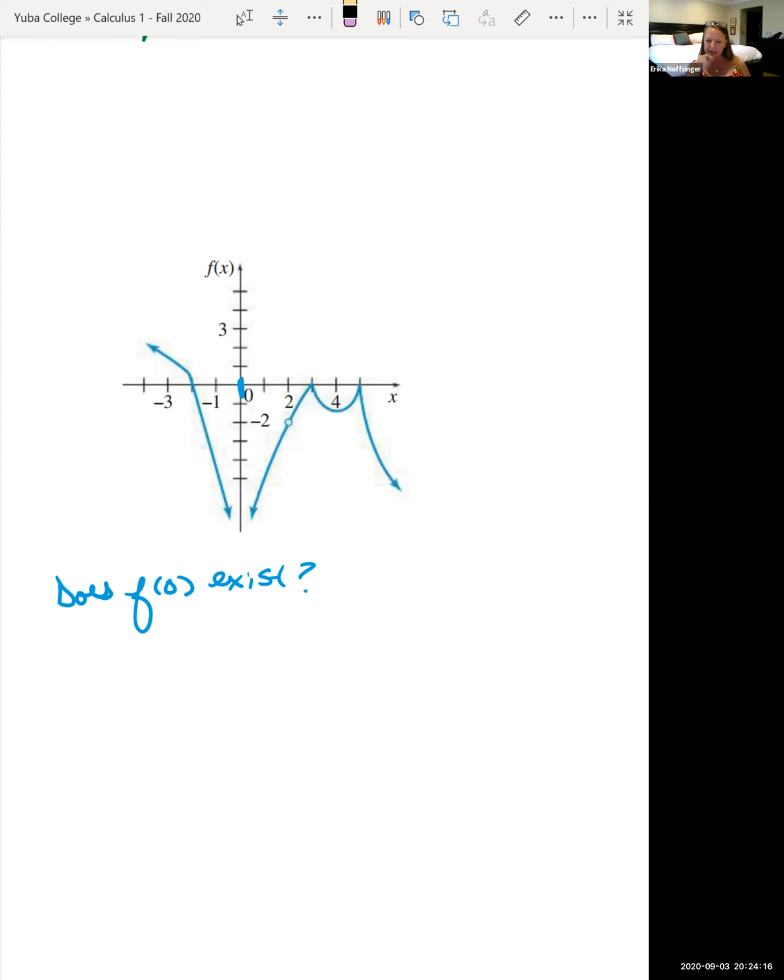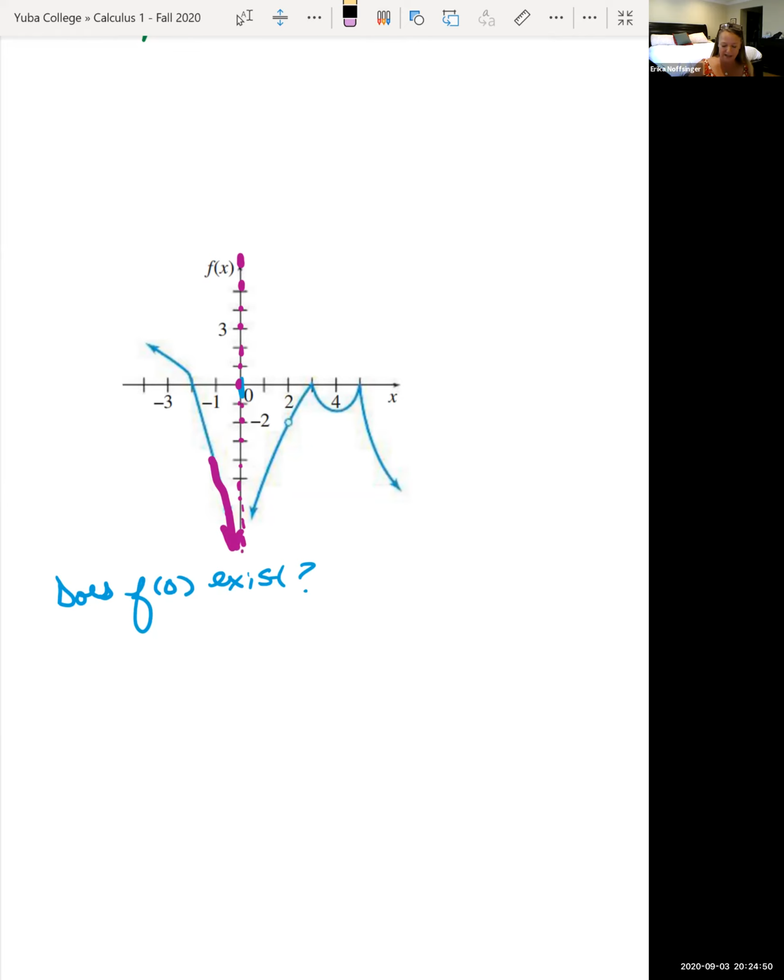So 2 of you say yes, 8 of you say no. There's actually this vertical asymptote here. So the graph, as x is getting closer and closer to 0 on that left-hand side, it's not going to be getting closer and closer to a value, it's going to be continuing to shoot downwards. And it's never actually going to reach there.